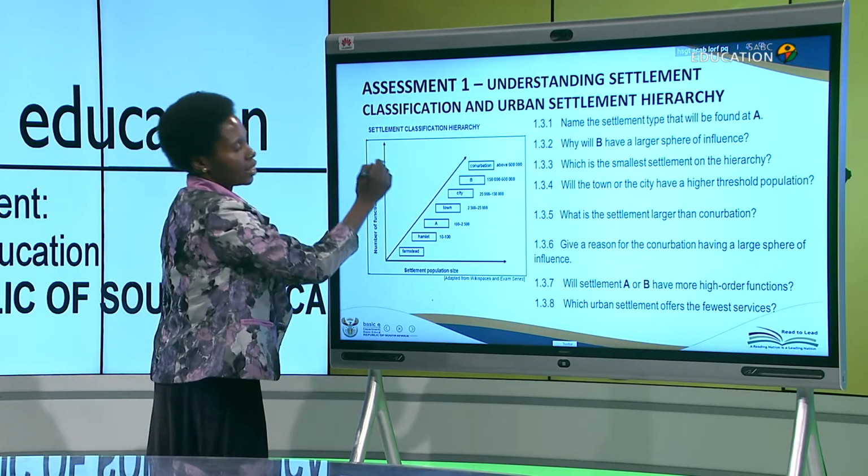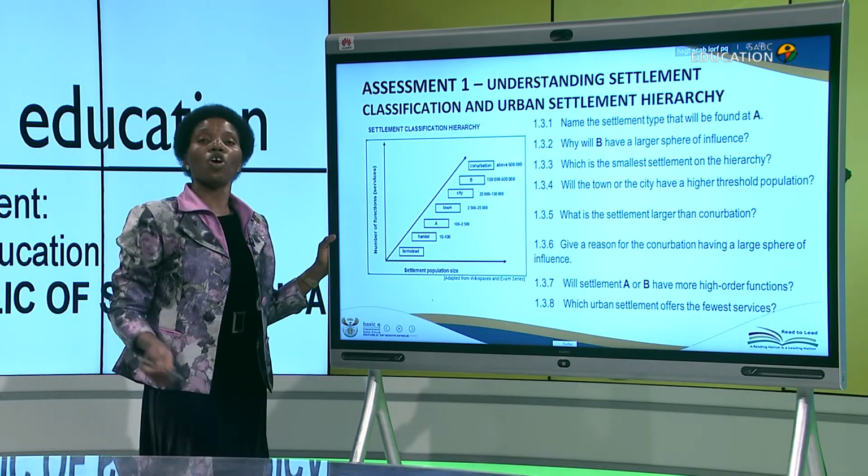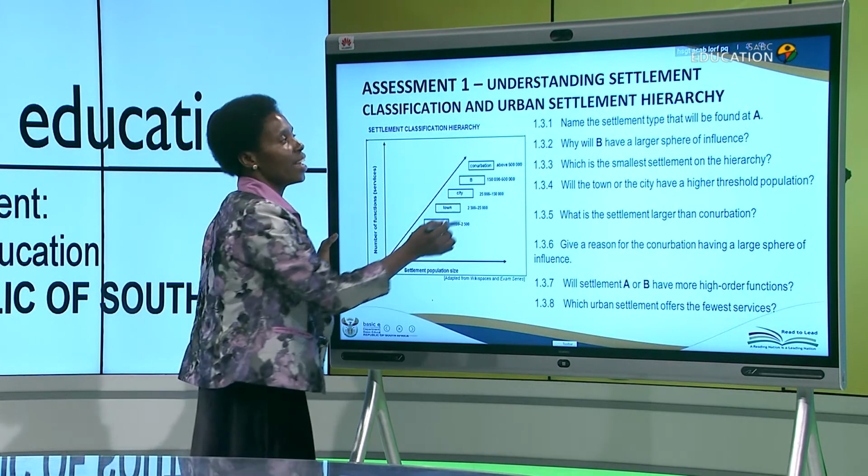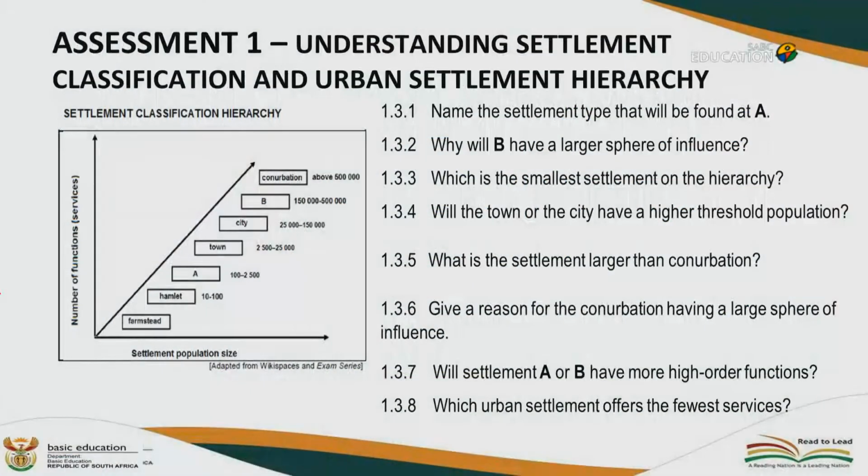Okay, let us look at this one. In geography, they always give you the heading of the diagram that you are studying. We take note here, they are talking about settlement classification hierarchy. So you need to remember that we did a hierarchy of settlement. Let us study the figure. This side we have the number of services. Look at the arrow, it's showing you that the number of services are few, but when you go up, they increase.